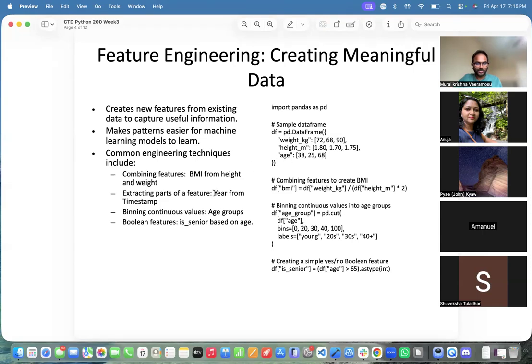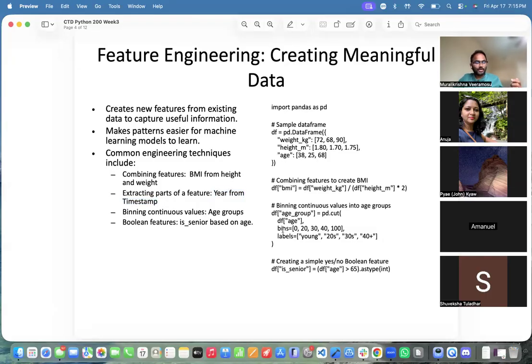So you need to extract parts of the feature. Here we are extracting the day from the timestamp, right? So this is one technique in feature engineering: you extract parts of the feature, right?